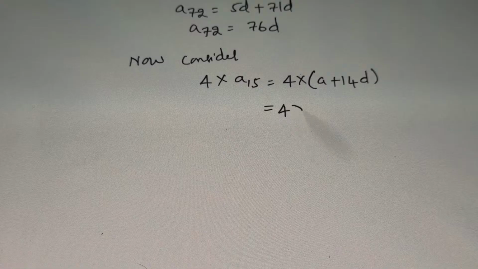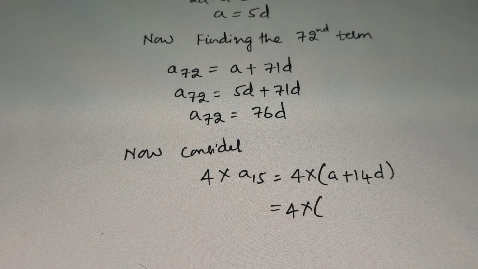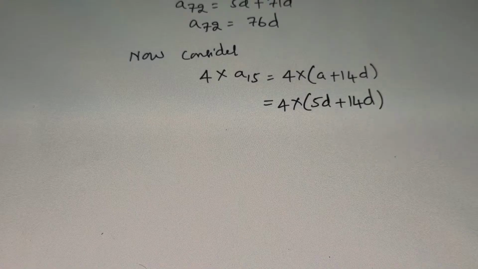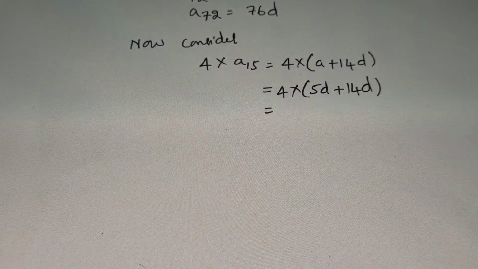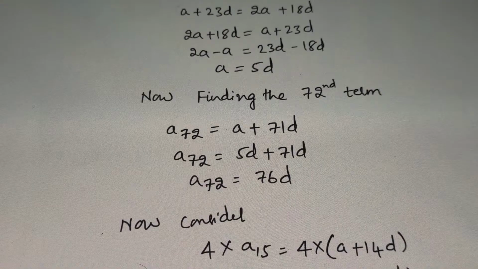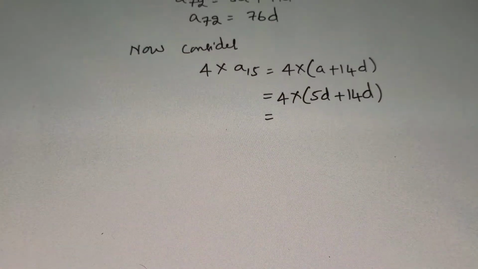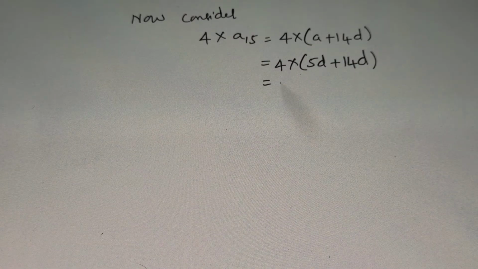Now multiply 4 into A, where A is 5D, plus 14D. So 4 into 5 plus 14 is 19D.